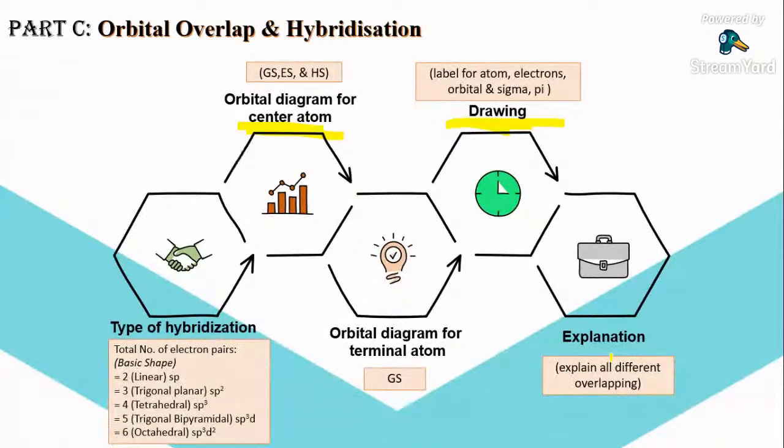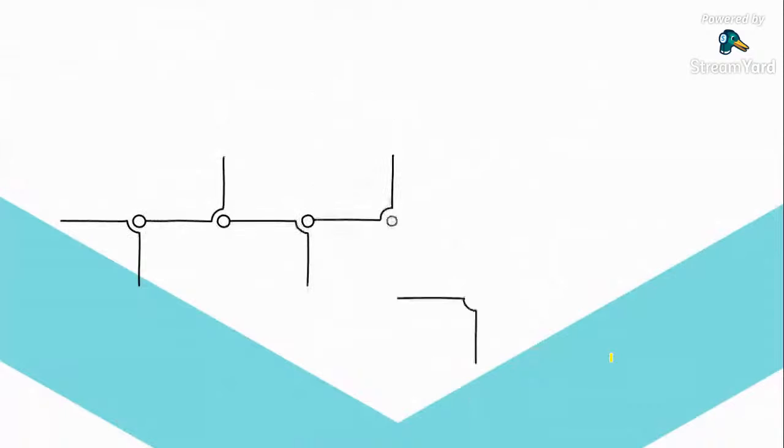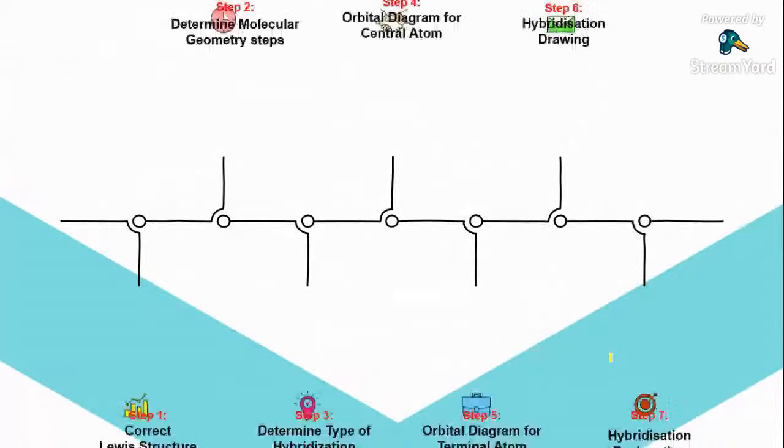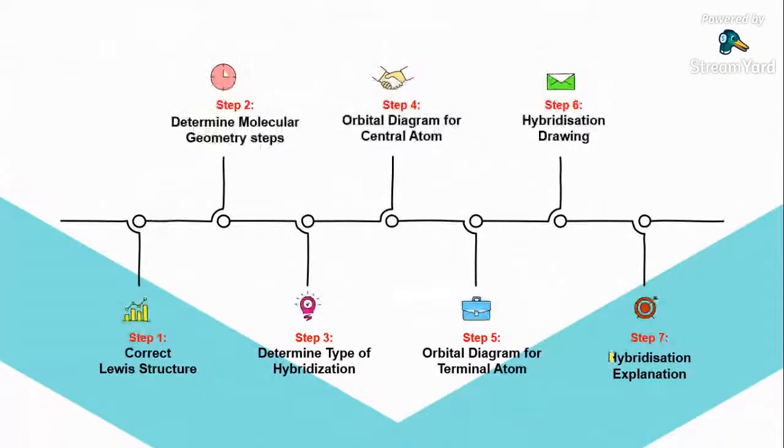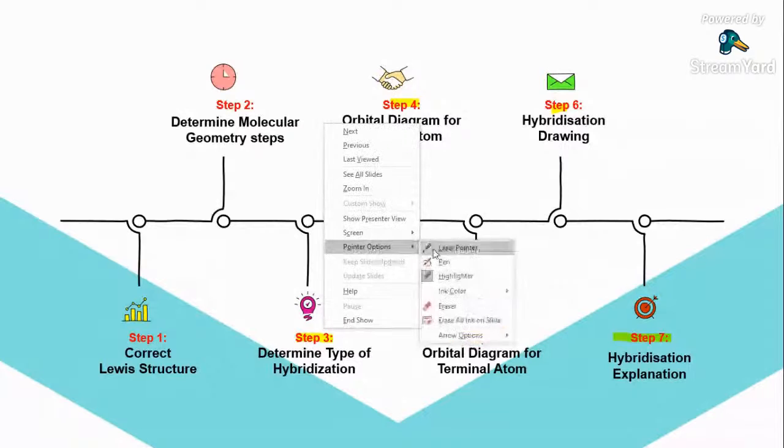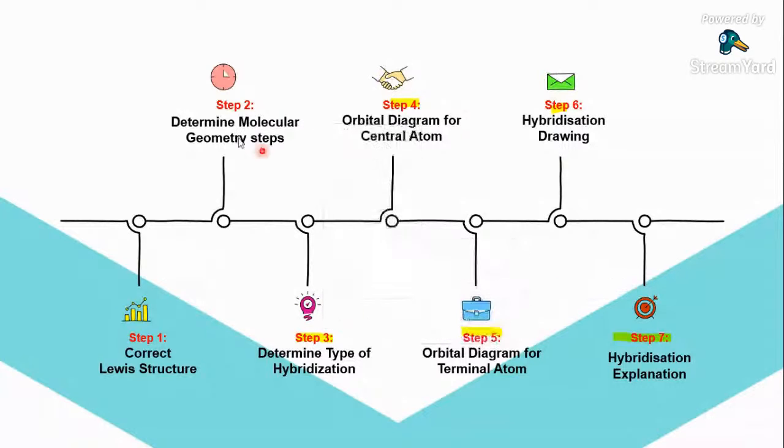Just now was the steps for the hybridization and overlapping diagram. Before we start with step 3, step 4, step 5, step 6, and step 7, which we discussed just now, you must make sure you can draw the correct Lewis structure and know how to determine the molecular geometry.